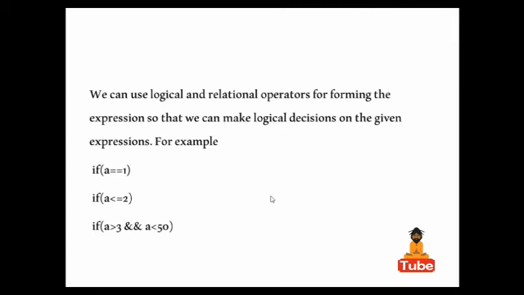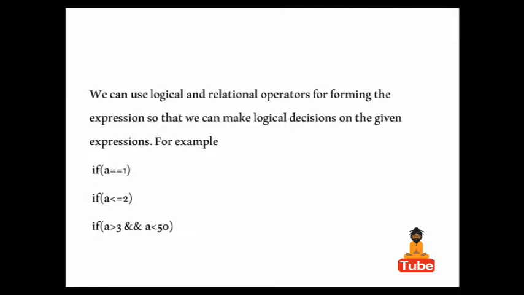We can use logical and relational operators for forming the expression so that we can make logical decisions on the given expressions. We have discussed the logical and relational operators in the previous tutorials. If you have any problem, you can watch them and come back here.